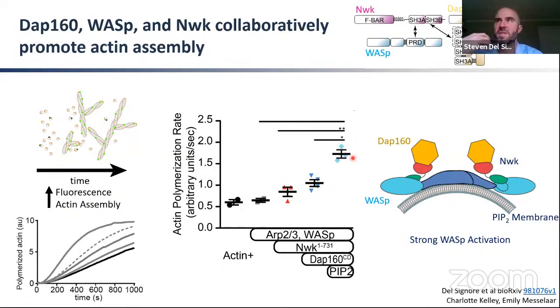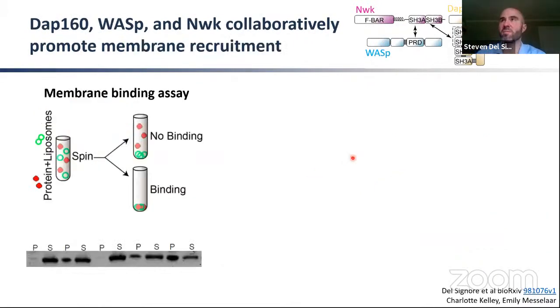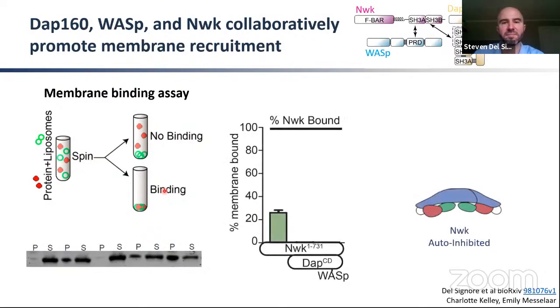And so the take-home message from this is that robust actin assembly requires the collective binding of all three of the proteins and the membranes. And so then we looked at the membrane binding directly using a liposome co-sedimentation assay. So we just take purified protein and membrane, mix them together and spin it down and see what's stuck to the membrane.